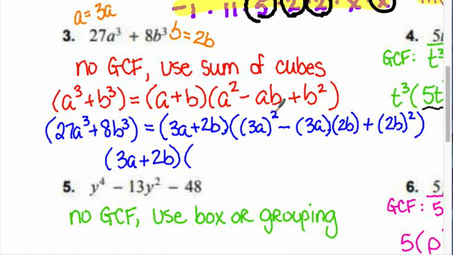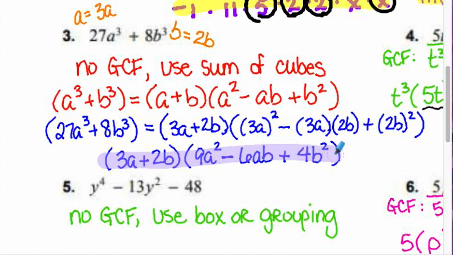Here we have 3a squared, so that's 3a times 3a, which is 9a squared, minus, here we have 3a times 2b, which would be 6ab, plus 2b squared would be 2b times 2b, so 4b squared. And that would be your final answer for this one as a sum of cubes.